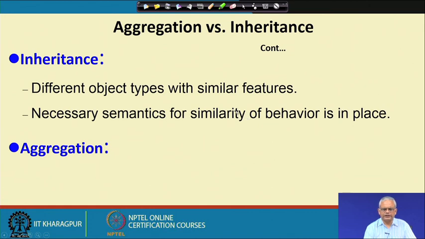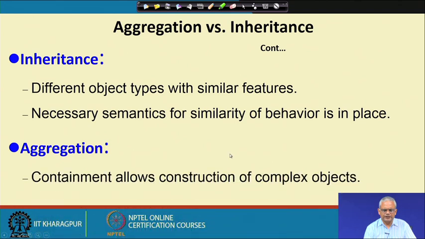So, there is similarity of all the objects that are created by inheritance. On the other hand, the aggregation is a containment relationship. It only helps to create complex objects, but these objects might have different characteristics.